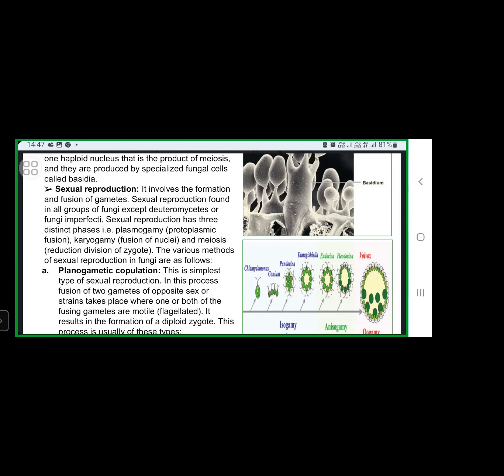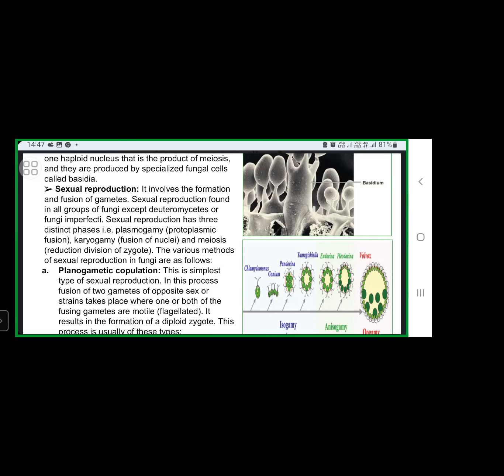So here the fusion takes place between two gametes of two sexes or two strains. These two gametes are flagellated. After this fusion, one structure will form that is diploid, because one gamete is haploid and the other gamete is also haploid.